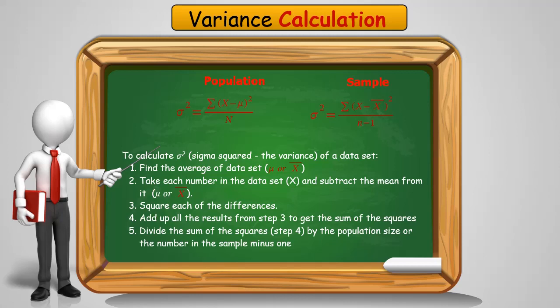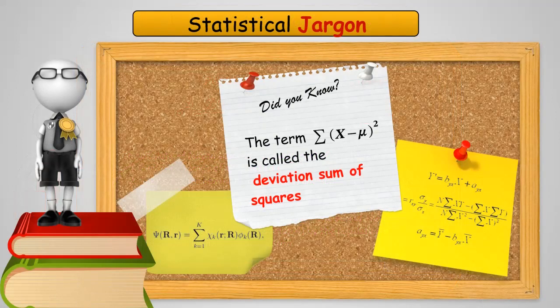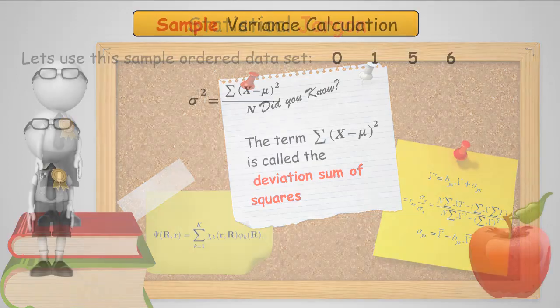Otherwise, the calculation is essentially the same. And this altogether computes the variance of a data set for an individual observation set. The numerator portion of each part of that equation includes a sum of each individual observation and its distance from the mean squared. And this is called the deviation sum of the squares.